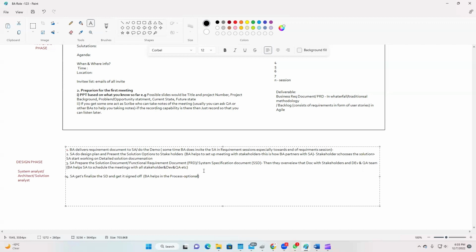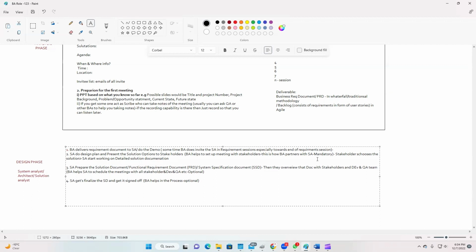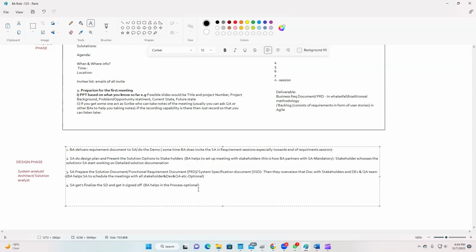Okay, and this work is also optional. The BA helping with setting up that meeting with the stakeholders is usually, you can say, mandatory, because as a BA you are working with the stakeholders for almost 2-3 months now, so you have more of a relationship with them than any new person, and the technical folks are not very good at communicating with the stakeholders, so that's why the BA basically jumps in to help them.